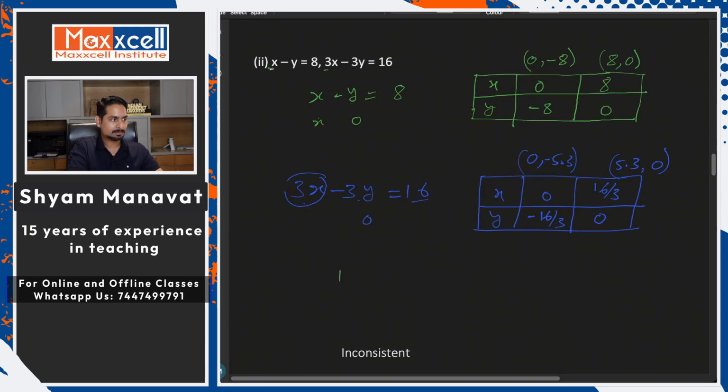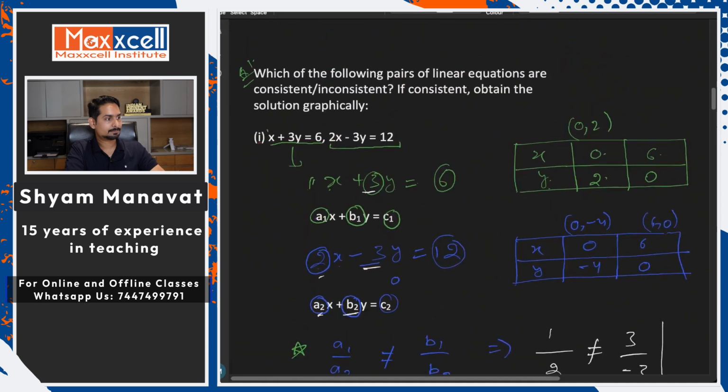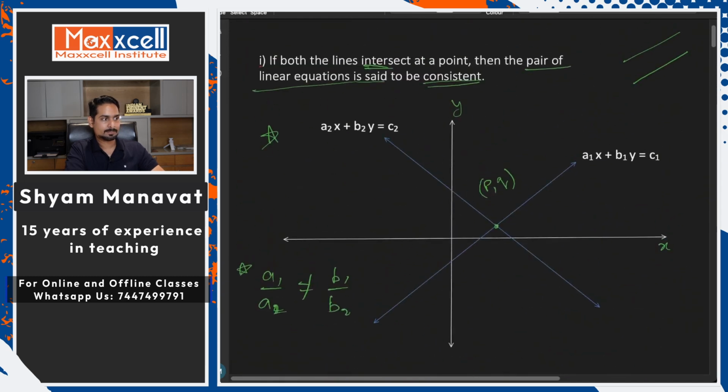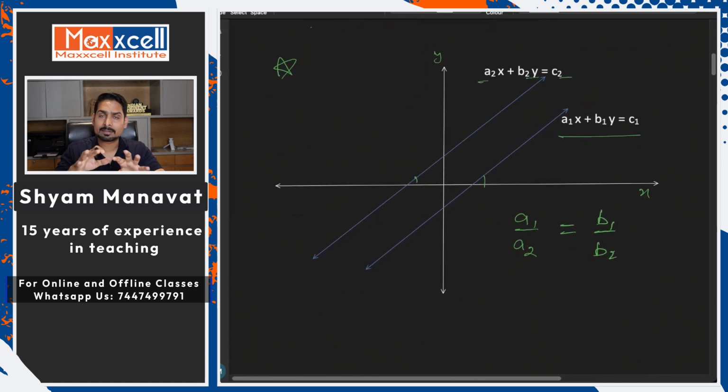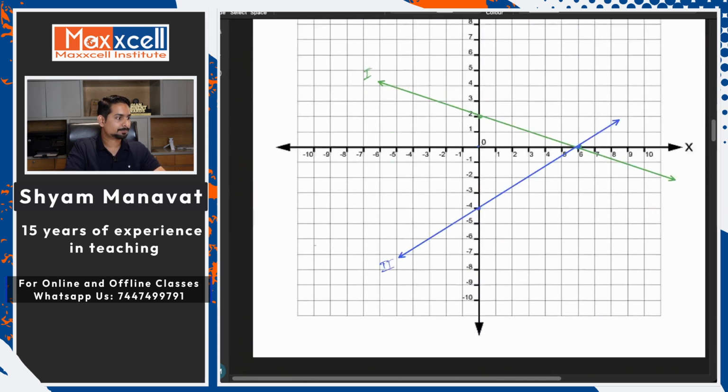That is a1 upon a2, and if you see b1 upon b2, what do you get here? a1 you will get 1. What is a1? The coefficient of x in the first equation. Please take the reference here: first equation, second equation. You can call any equation the first and the other will become the second. So the sequence doesn't matter. Don't worry about the sequence.